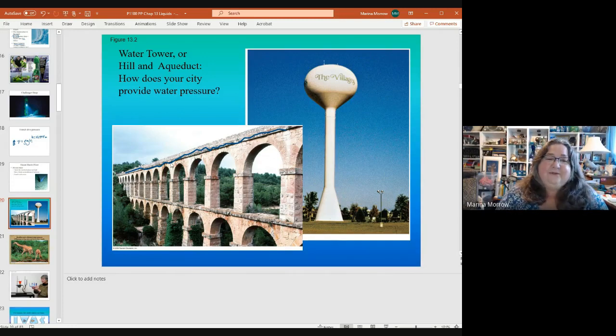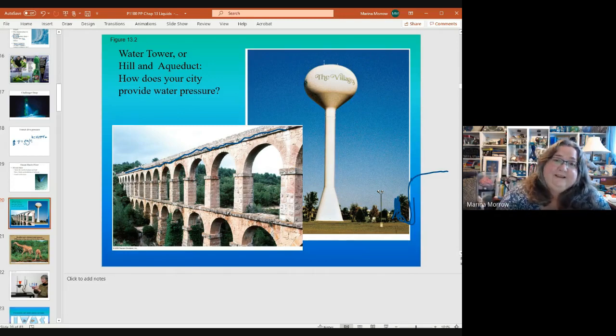So they brought in fresh water from out of town, and it even had to cross rivers to get to Rome. Once it got there, because the aqueduct was higher than the city, it provided pressure to make all the fountains. As it would come into the city, it was higher, and so fountains could shoot upwards because of the pressure it was providing. So pressure is provided by the height, okay?